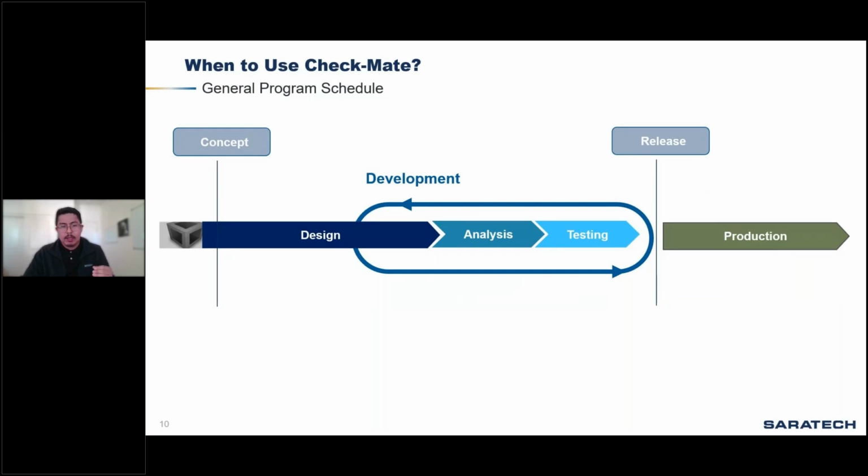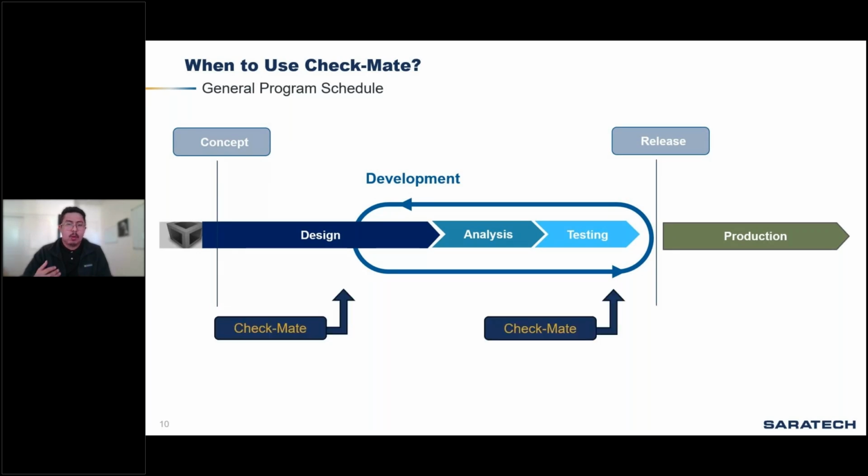So when we talk about Checkmate, it's really a digital checklist to ensure CAD quality, design requirements, right? So you would want to use Checkmate early to make sure you're in the correct path. You're not causing issues with your part files being easily revised, right? You want a stable CAD and file to go ahead and carry on those changes.